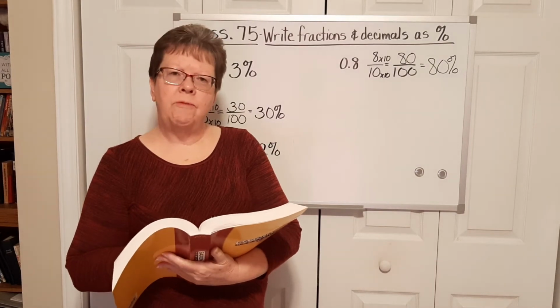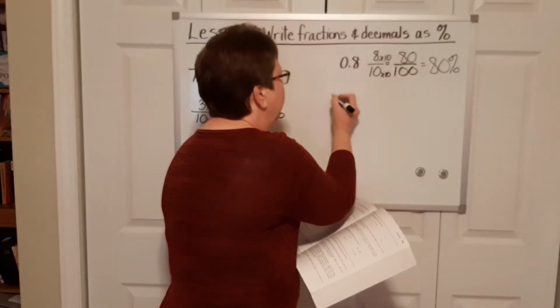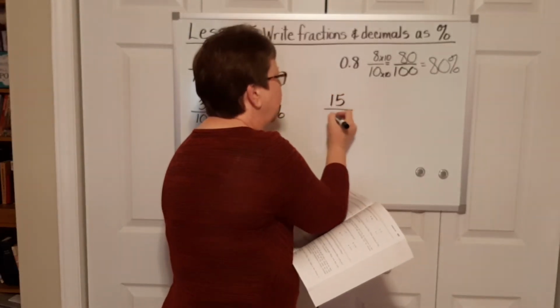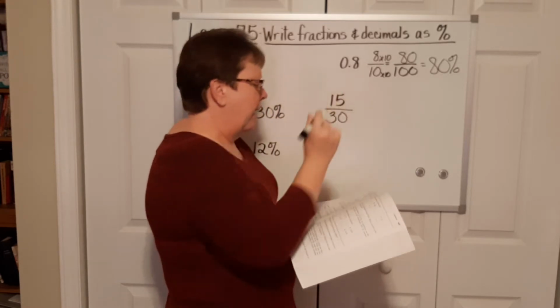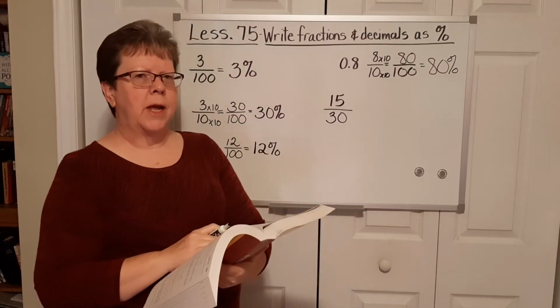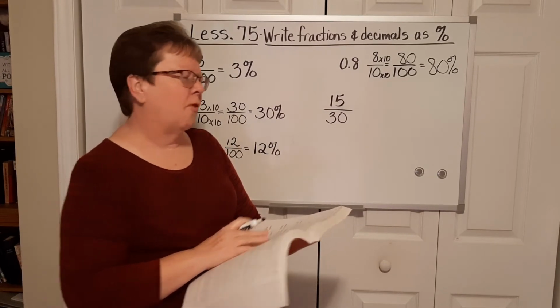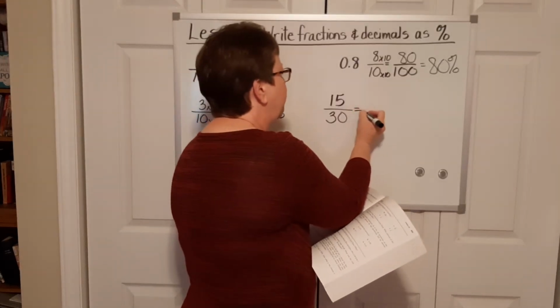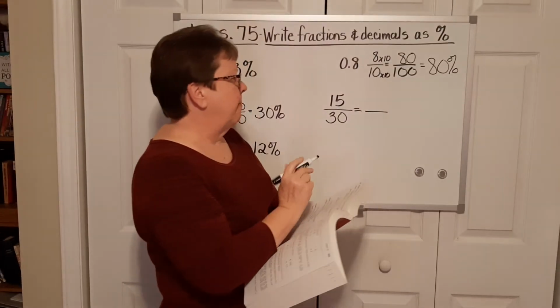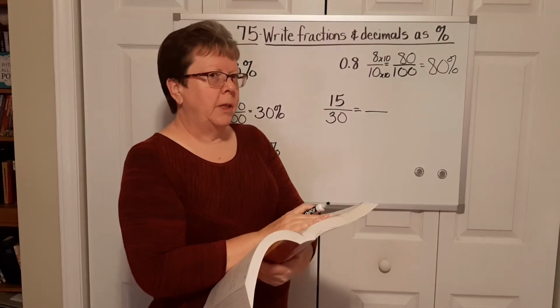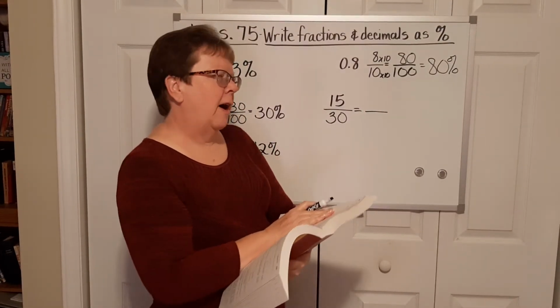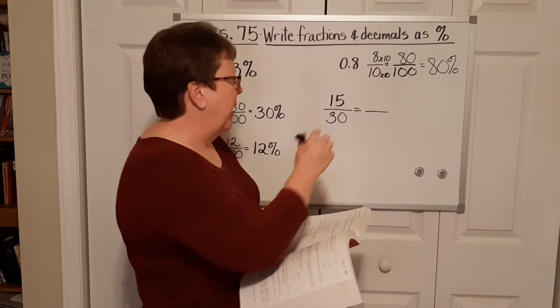Okay, well, 15 out of 30 swam laps. Okay, and now they're wanting you to change that to a percent. Okay, first thing we're going to have to do here is reduce this fraction first. So if we reduce it, again, use your divisibility rules, or think of the highest number you can divide both of these by.